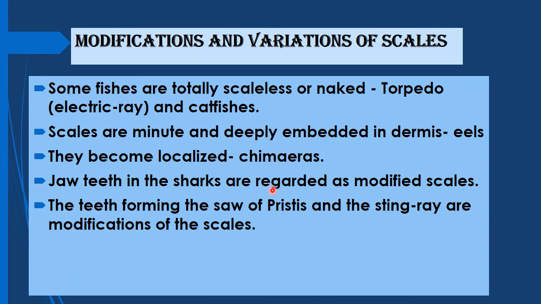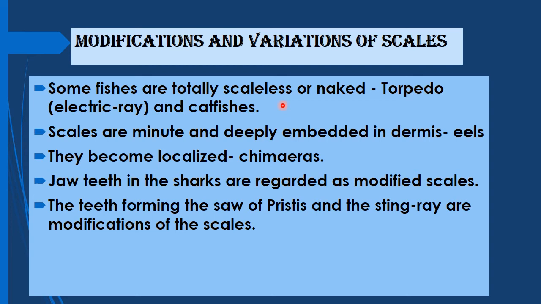So let us go for modifications and variations of scales. Some fishes are totally scaleless or naked. That means scales are completely absent. Examples: torpedo, electric ray and catfishes, as well as the fishes belonging to the Siluridae family. The scales are minute and deeply embedded in the dermis in eels.